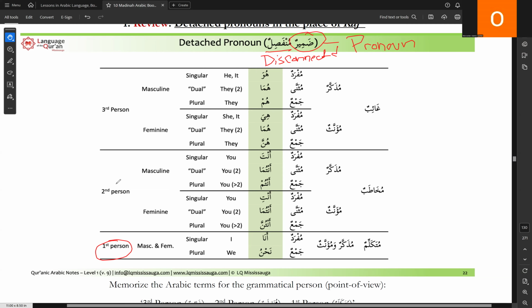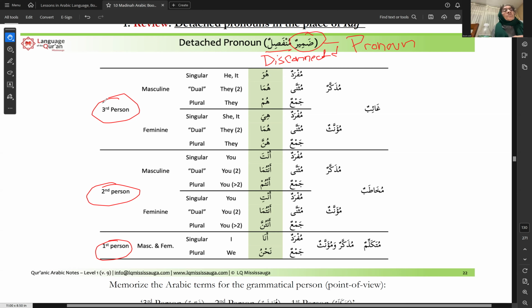Second person is that you are just talking to someone, you are addressing someone directly. And third person, you are talking about a person that is not directly in the conversation that you are in. So they could either be somewhere on the other side of the world, or they can be right next to you, but you're not talking to them, you're talking about them. Does that make sense?